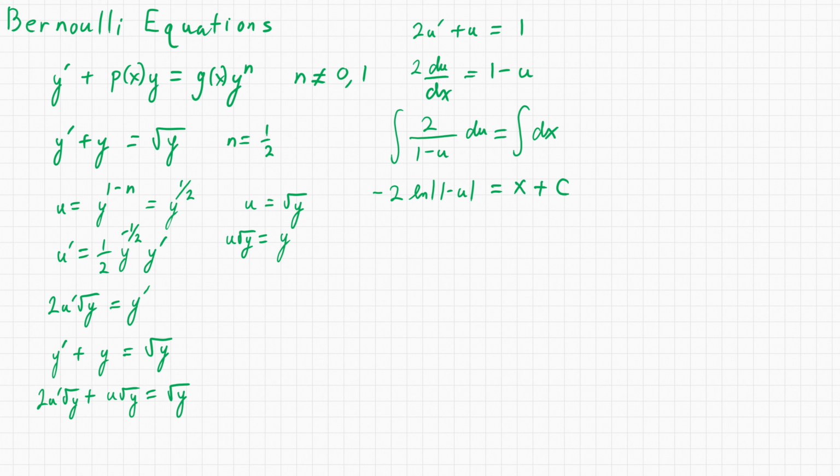So let's move the negative 2 over. So that's natural log, absolute value of 1 minus u is equal to negative 1/2 x minus 1/2 c. But right, I can rewrite that as negative 1/2 x plus c.